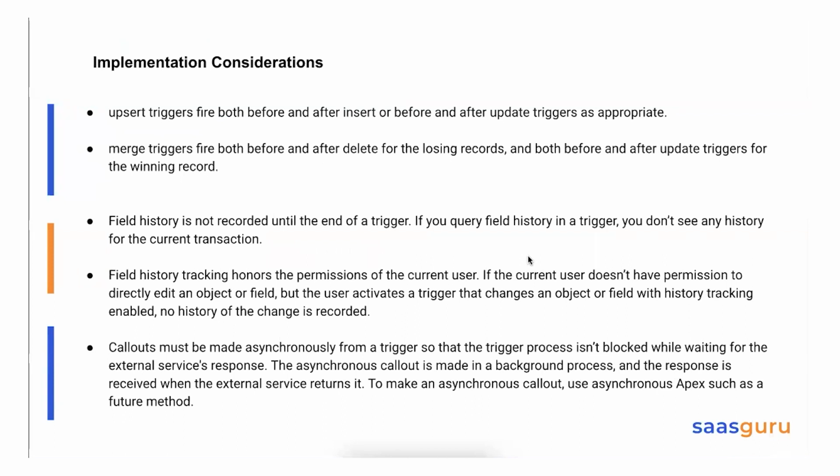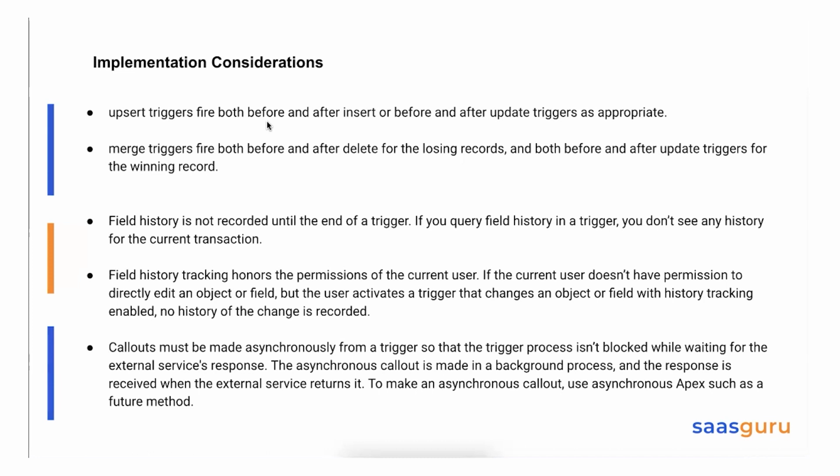Some implementation considerations, like when we write a piece of code and we need to keep these things in mind. Let's talk one by one. Upsert triggers: if we are doing an upsert, then it will fire either before or after, meaning before insert or after insert, and the same with before update and after update.